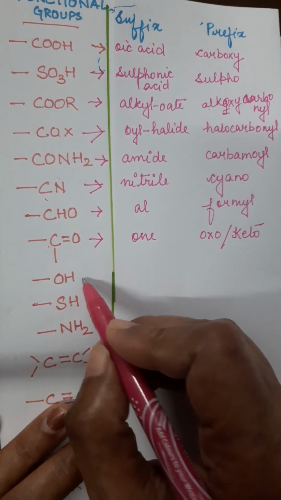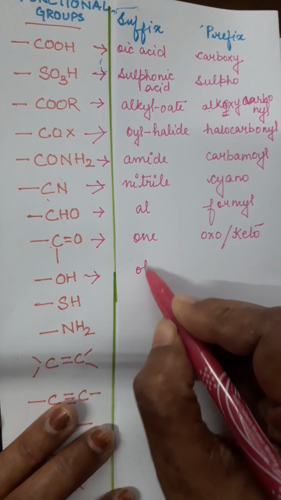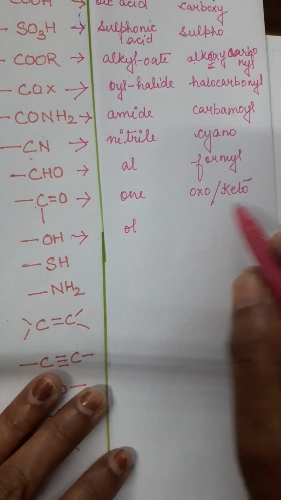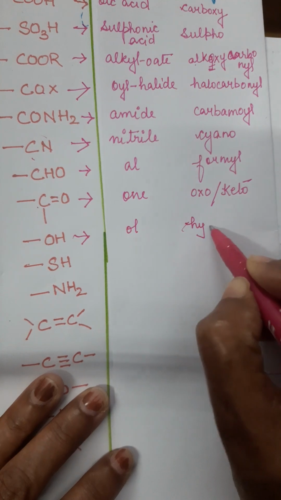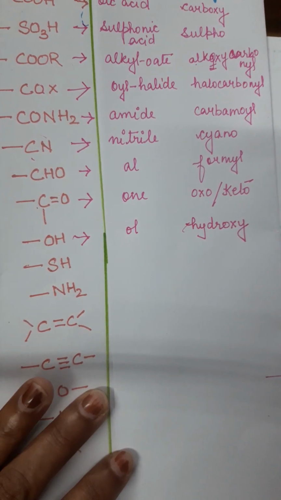Then OH, which represents an alcohol, is called ol as a suffix, and hydroxy as a prefix.